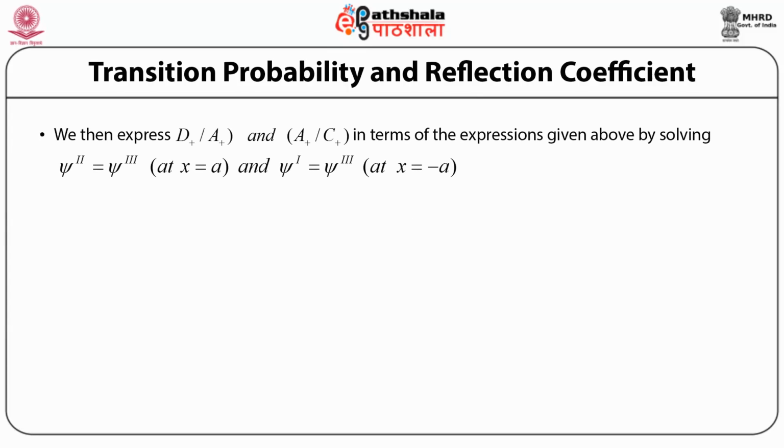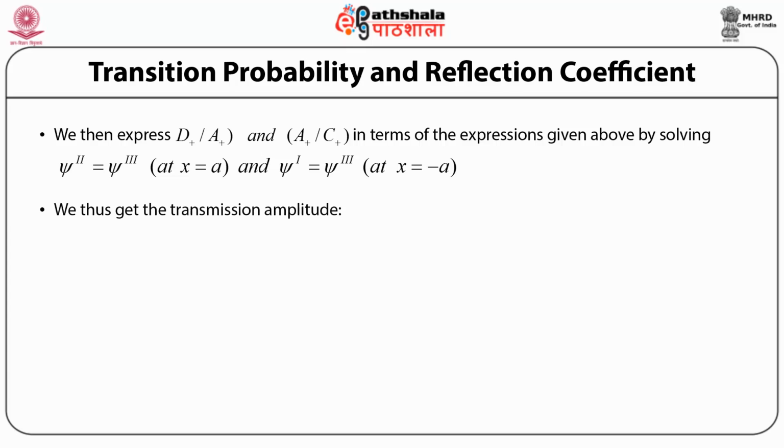We then express the ratios d plus by a plus and a plus by c plus in terms of the expressions given above by solving psi in region 2 equal to psi in region 3 at x equal to a, and psi in region 1 equal to psi in region 3 at x equal to minus a.